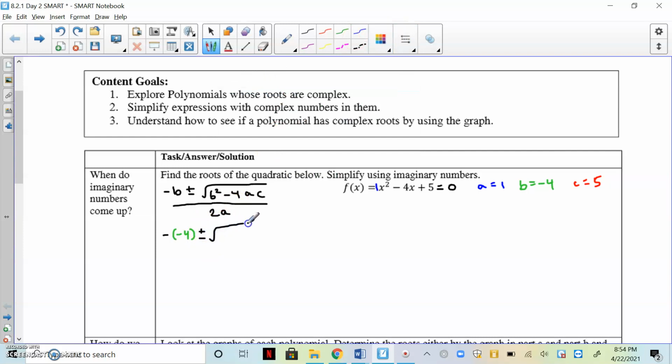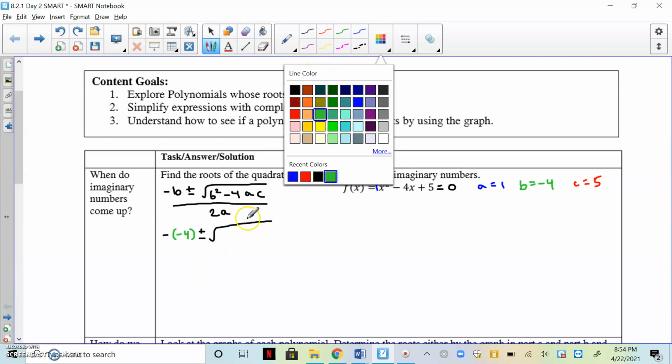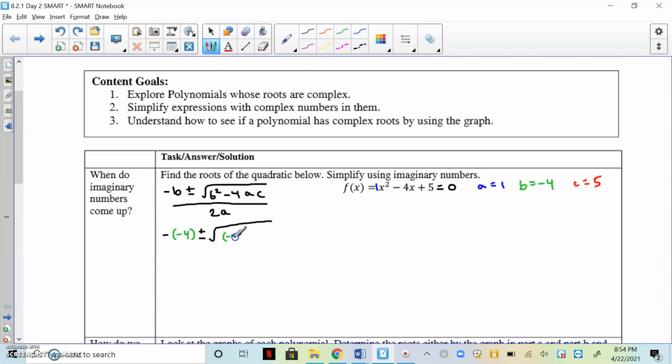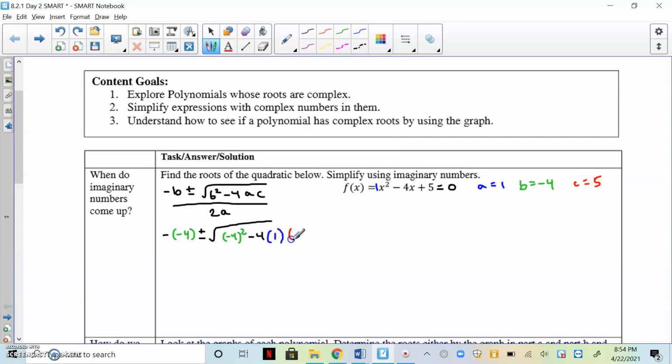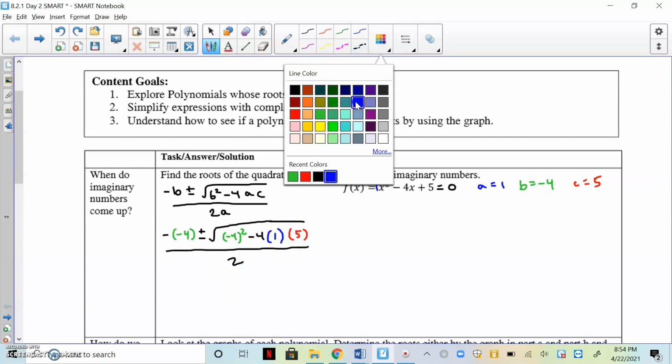Plus or minus the square root of b squared minus 4 times a times c, all over 2 times a.